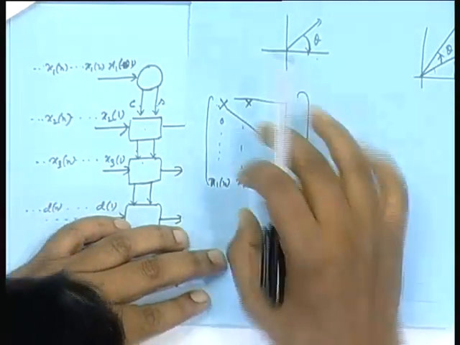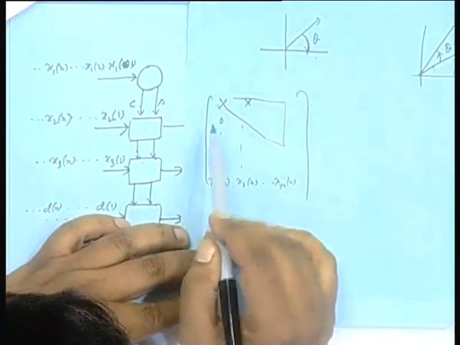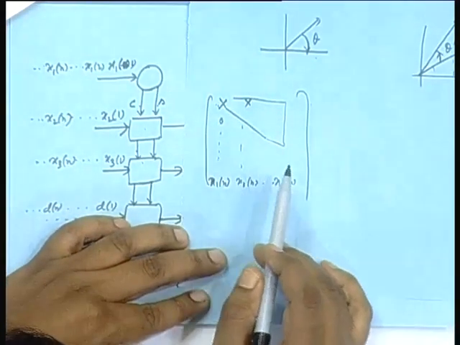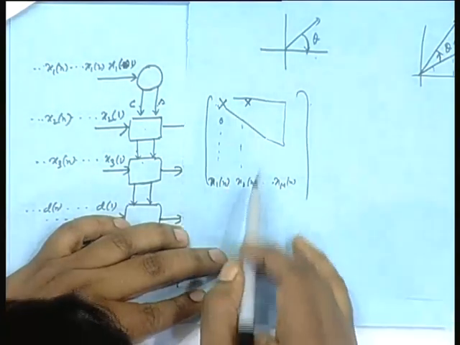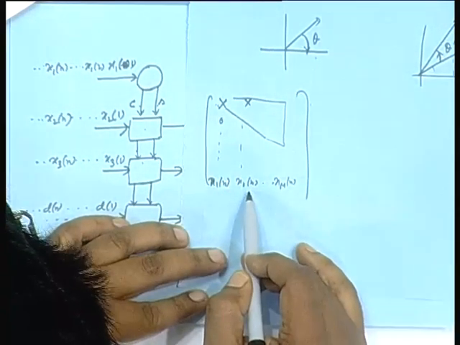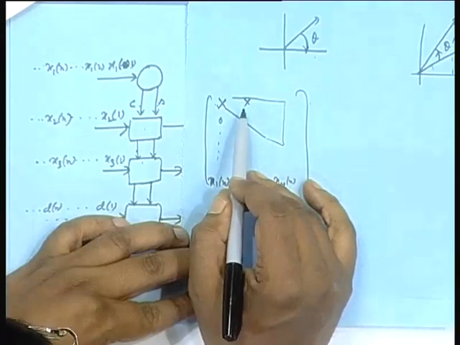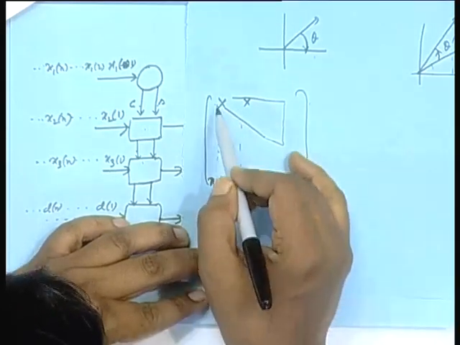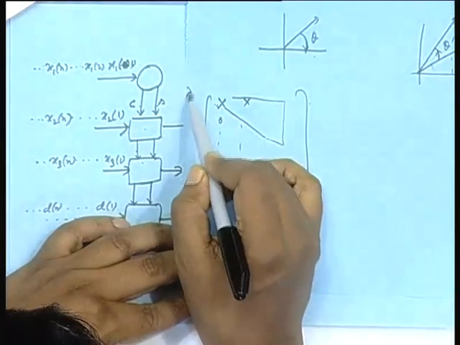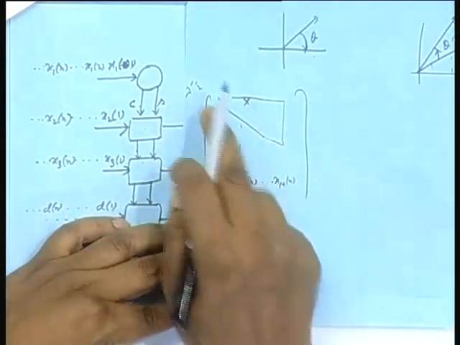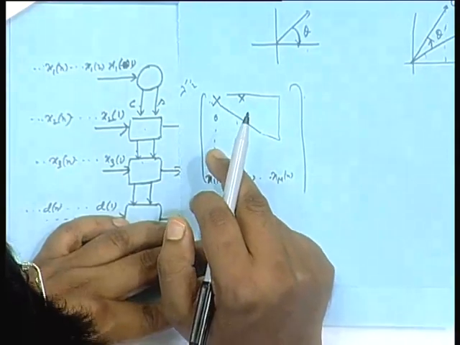What will be the new thing? C times x and s times this one coordinate, and minus s times this and c times this. Okay, lambda to the power half has to be there on this, because R n minus 1 into lambda to the power half. So, always a lambda to the power half is a multiplicative factor with all the elements here.